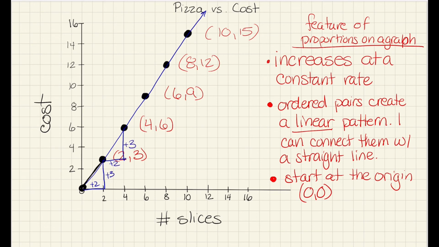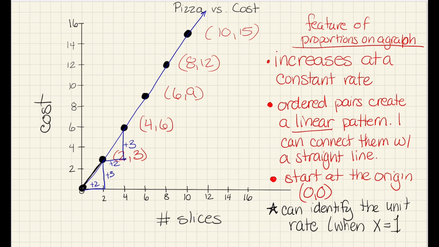Now, finally, the last thing you can do is not necessarily a feature, but you can do it. I'm going to put this as a star: we can identify the unit rate. That means when x is equal to 1. So at this point right here, when x is equal to 1, we can find that rate.